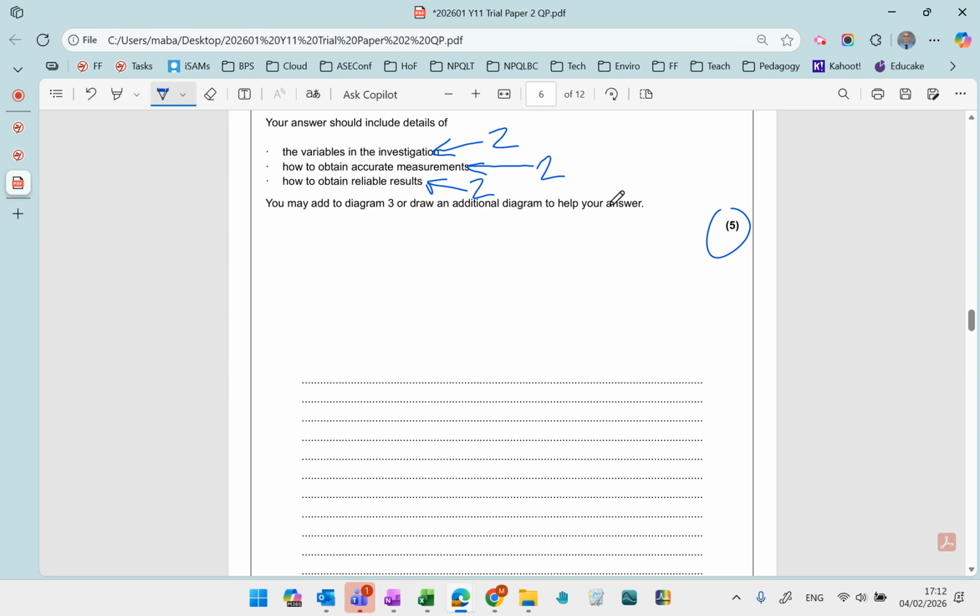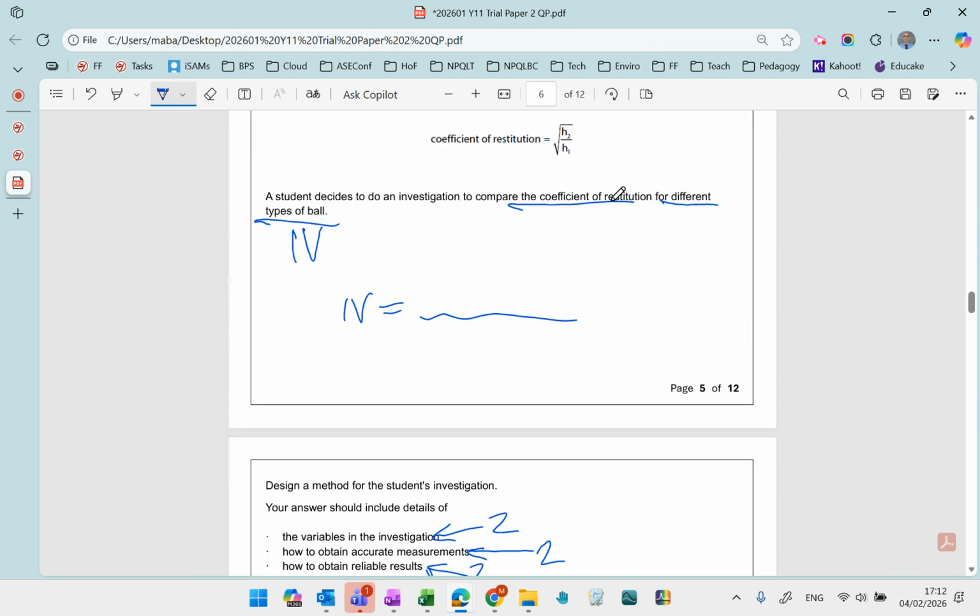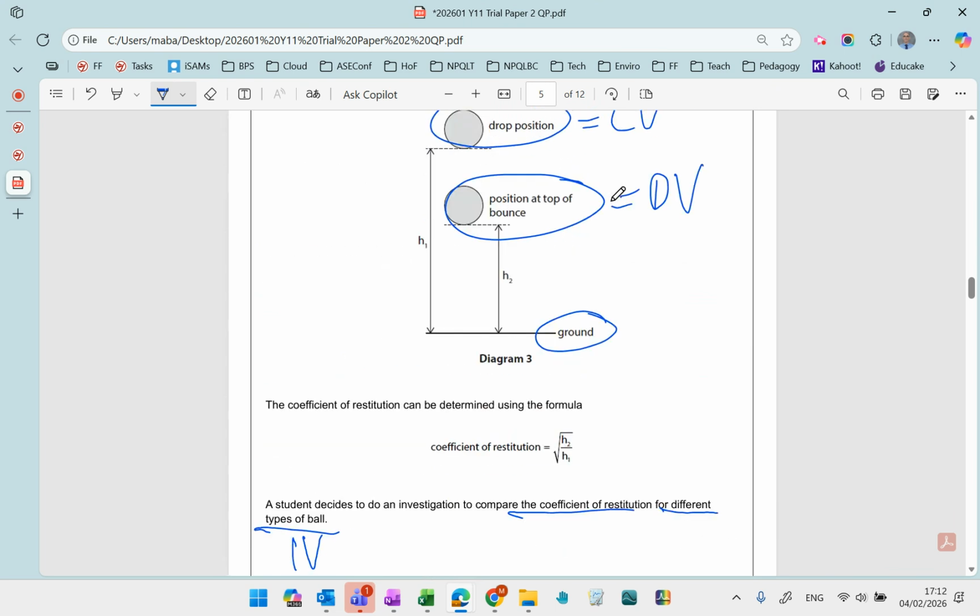So let's have a look at how to obtain accurate measurements. If you're trying to measure something accurately, it means that you're measuring what you actually intend to measure. For example, talking about the fact that all of these measurements are made vertically. That's a very poor vertical meter ruler right there.